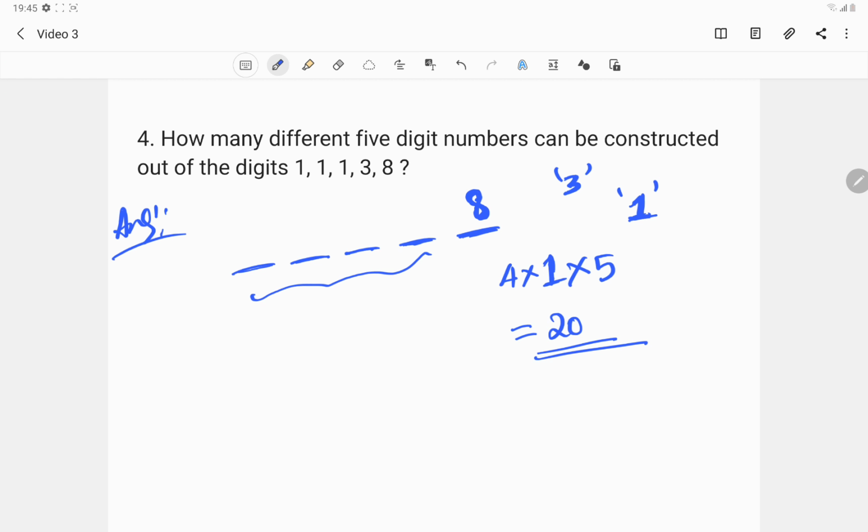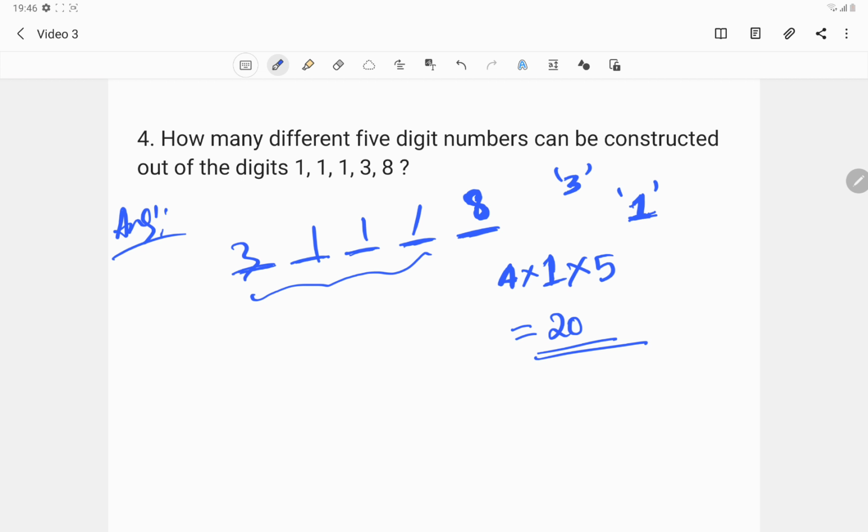First I have taken 8. You can take 3 as well. I have taken 8 and put it here, and then 3 can go in the remaining 4 places. So it has 4 choices. And the digit 1 can be placed here. That's it.